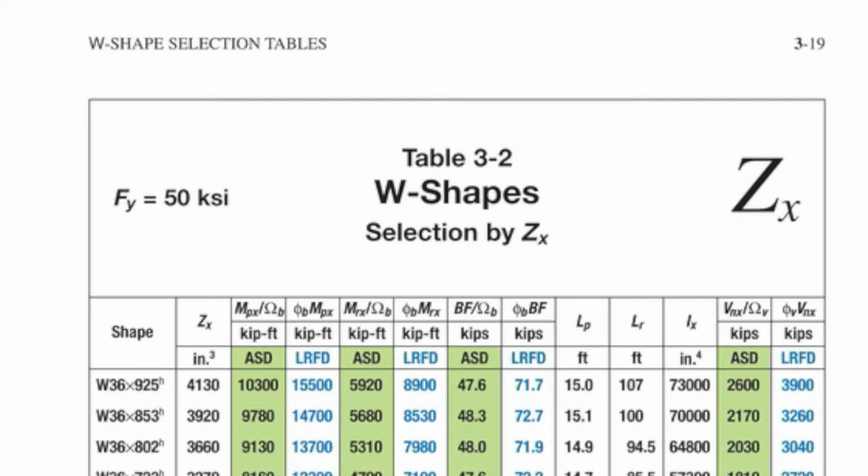Okay, wait. So all of my tables are showing different things. This is not the property.